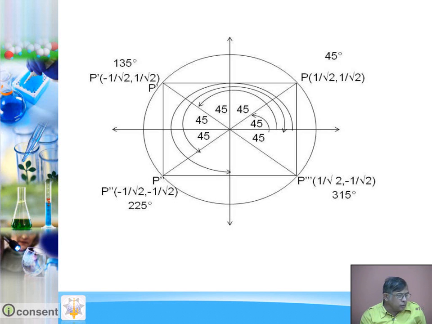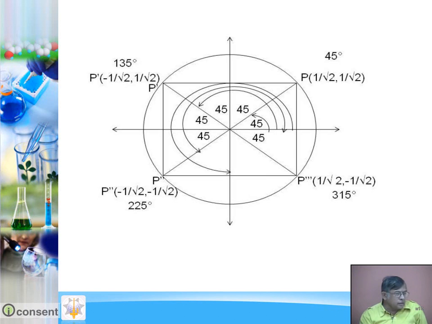Then from here up to this is 180 plus 45, which is 225, and from here up to this is 360 minus 45, or 270 plus 45, which means 315. So from these we can find the ratios of 45, 135, 225 and 315 degrees.